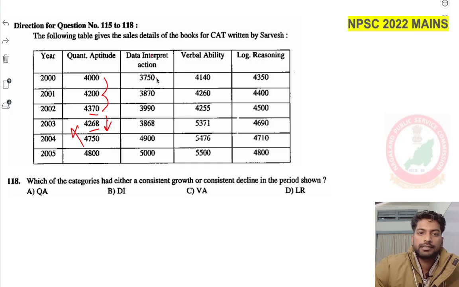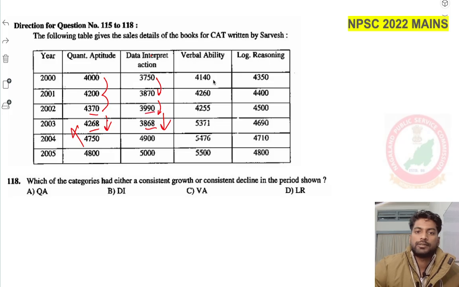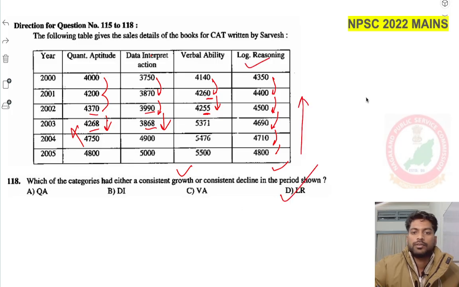Data interpretation: decline, growth, then again declined. 390 to 38. Verbal ability: growth, declined, 60 to 55. They are asking continuous growth or continuous decline. Here growth and growth. So this one shows continuous growth over the period. So logical reasoning will show continuous growth.